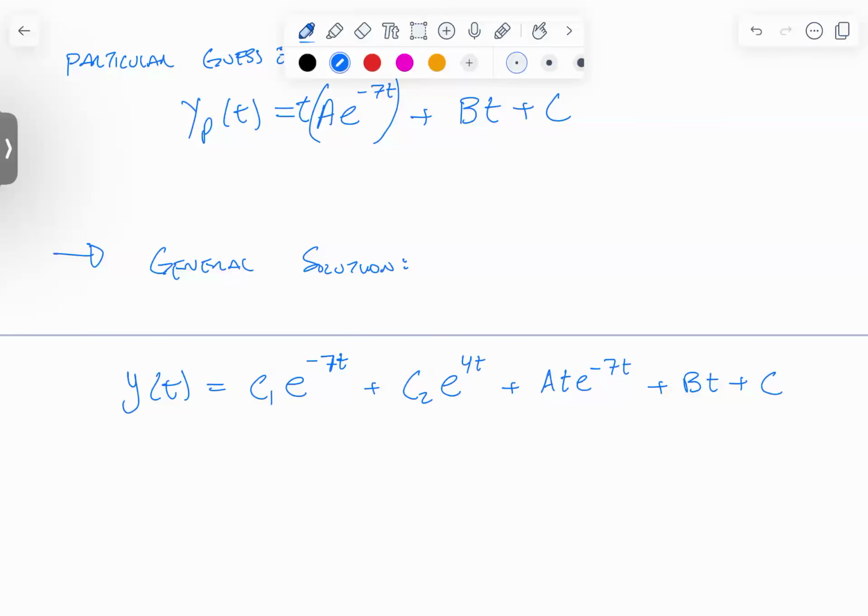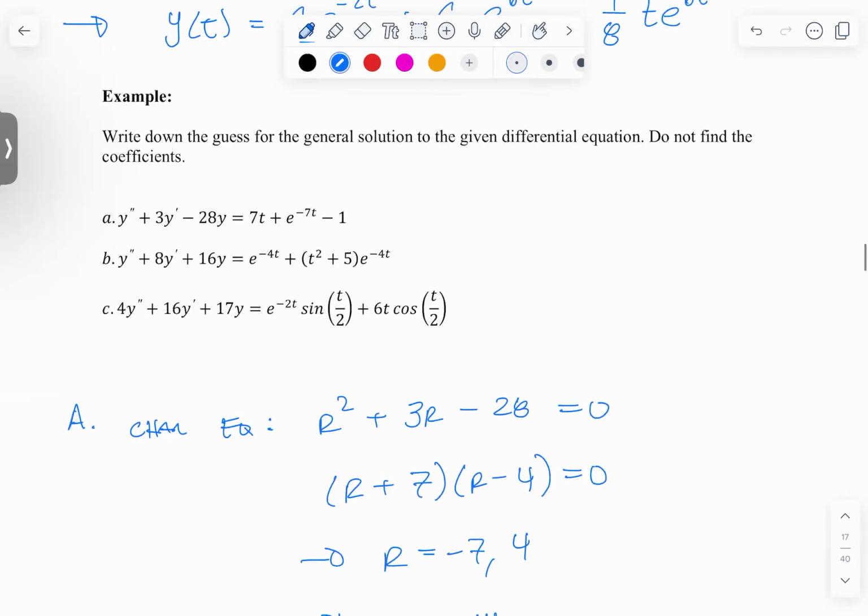Okay, and so I'm right here. All right, now what do we need to do? Solve for your constants.